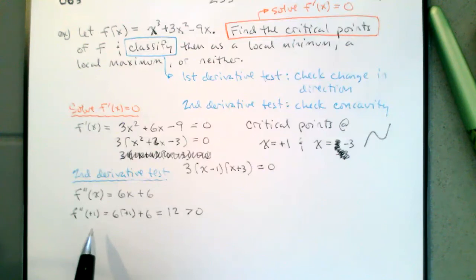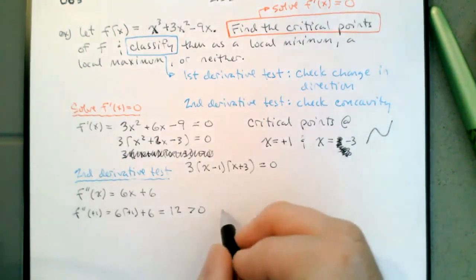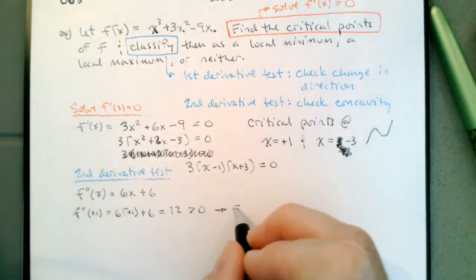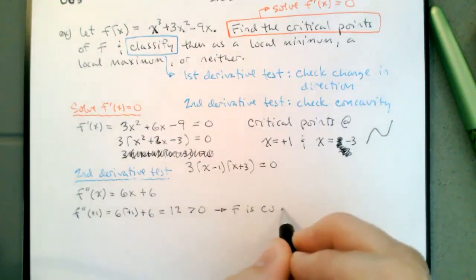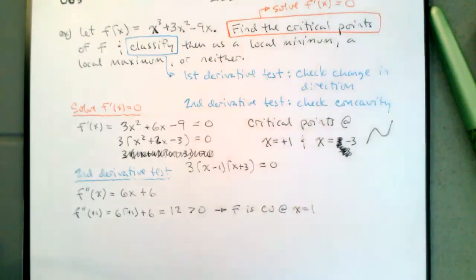So that tells us that f is concave up at 1. And if we have a function that is concave up at a critical point, that means the critical point is going to be a local minimum.